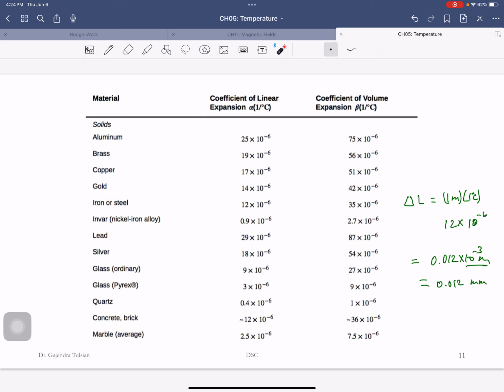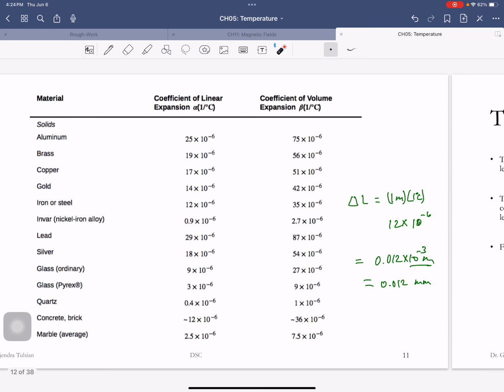Okay, so a 1 meter length of steel rod, if you raise its temperature by 1 degree Celsius, its length will increase by 0.01 millimeter. That's a tiny amount, so you ask, why do we worry about that? Well, you'll see that this is important in many applications. And so that's why we're studying it.